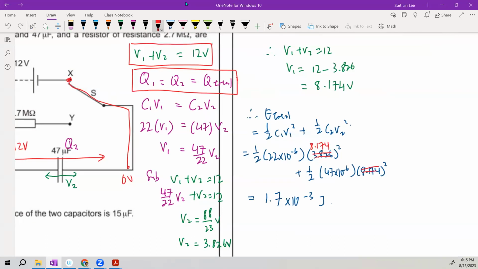This one is V2, 3.826. Maybe we'll get a closer number. But my point here is we already calculated, but we needed to use this long method to find it. So that's one option.